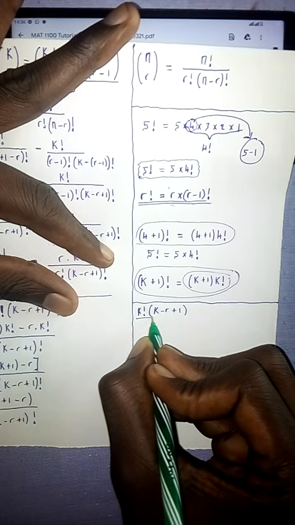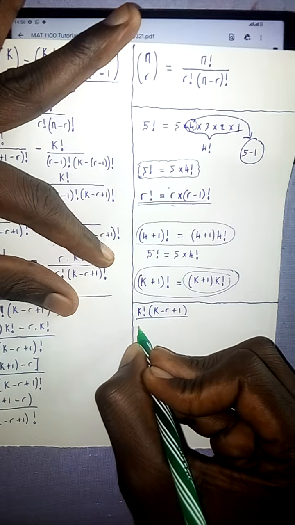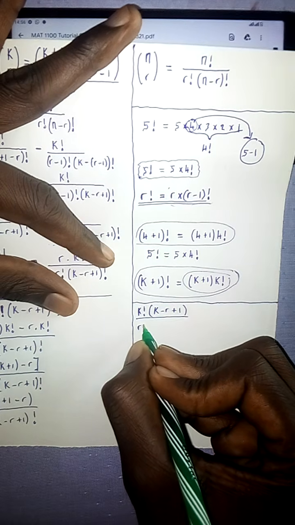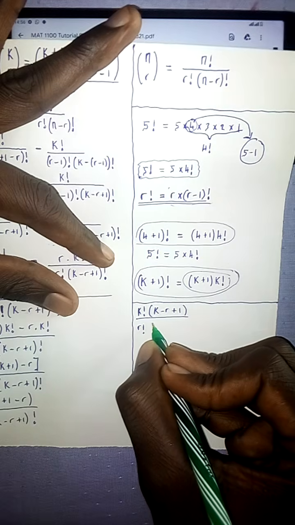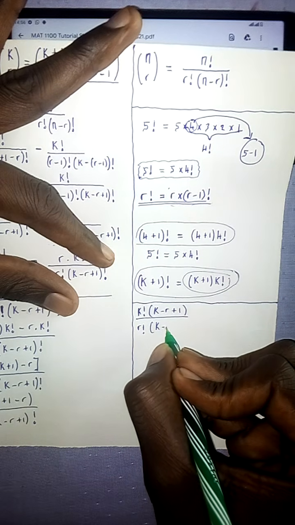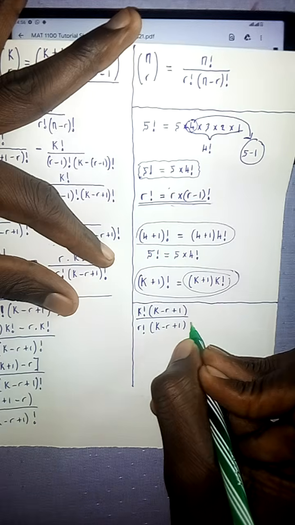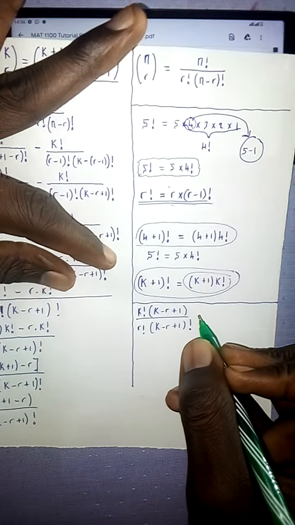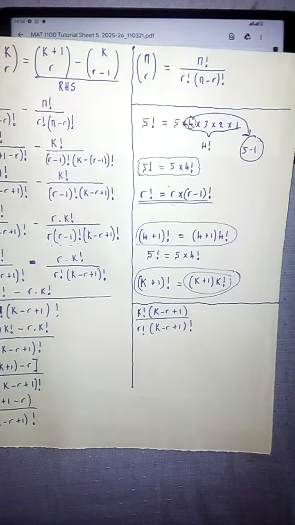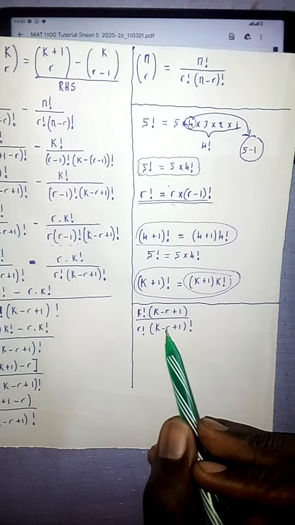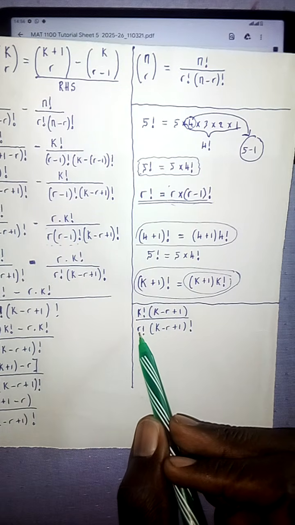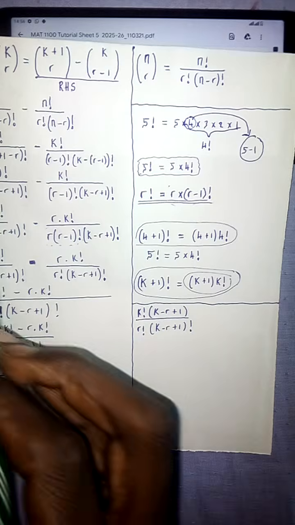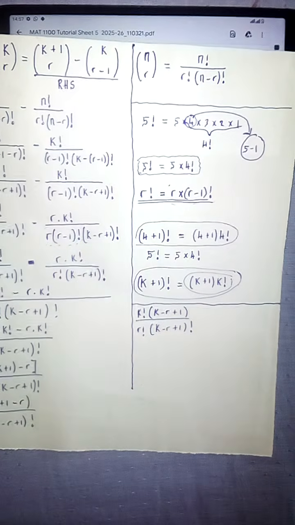Over r factorial, k minus r plus 1 factorial. Right? Yes. I know what you are thinking. You are like, wow, we've proved it, because we are going to cancel this and this, and we are going to remain with k and r, k and r. So we would have proved it.